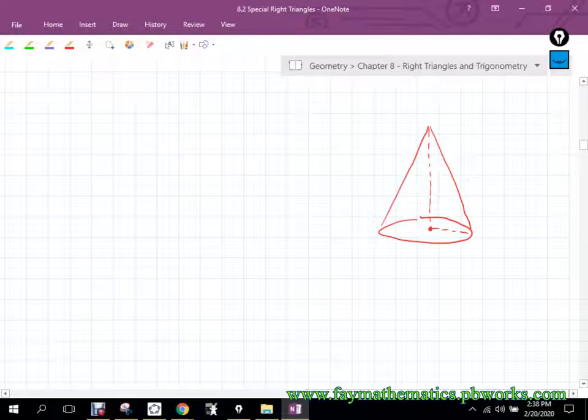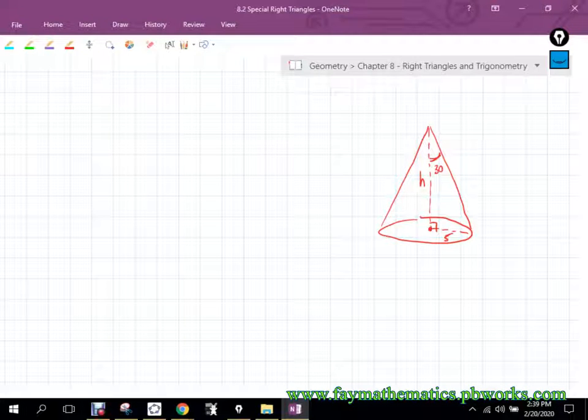Well, what I'm going to tell you is that that angle is 30 degrees and that's a right angle. And I'll give you this distance here to be 5. And if I want to find the volume of that cone, I'm going to need this H. Well, there's a 30, 60, 90 triangle, which is exactly what we're going to talk about today. And that H then is going to be 5 radical 3. I know that distance right away.